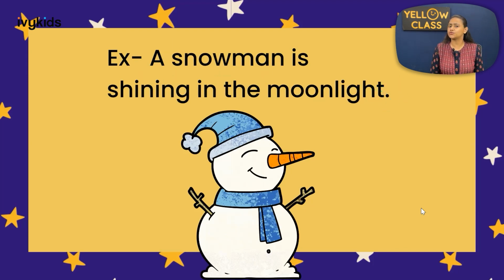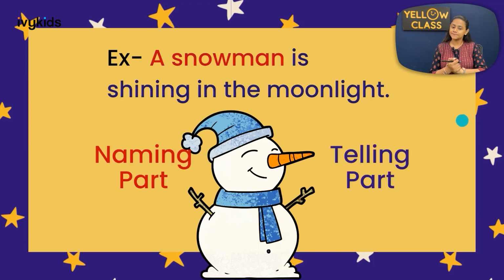These are the rules which you need to remember. We are also able to understand with the help of all these examples that a sentence always starts with the naming part and continues with the telling part. Right? This is what we have to learn for now.